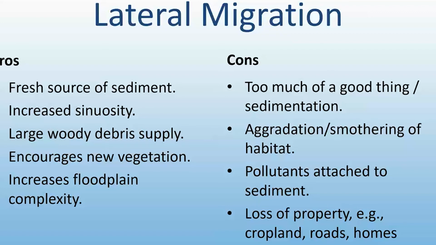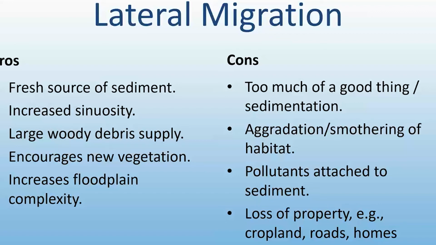Lateral migration is a natural process, and there are good things that come from it. A source of sediment. We talk about sediment transport as being supply and transport, so you need a source. So bank erosion that supplies sediment can be a good thing. That can lead to increases in sinuosity, which can lead to increases in large woody debris.